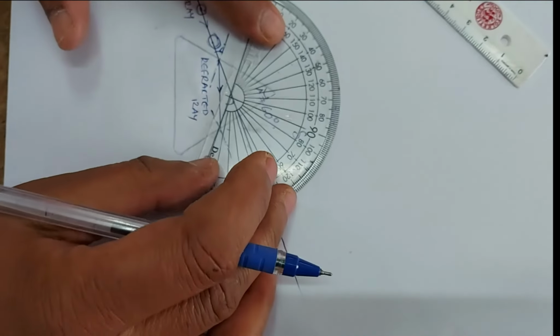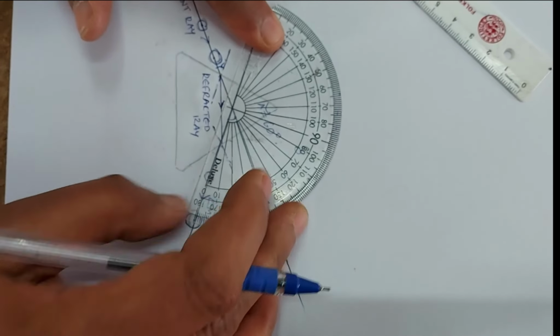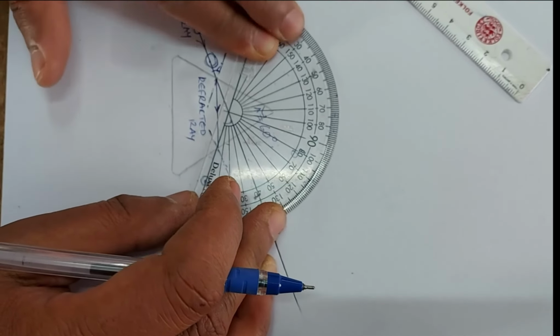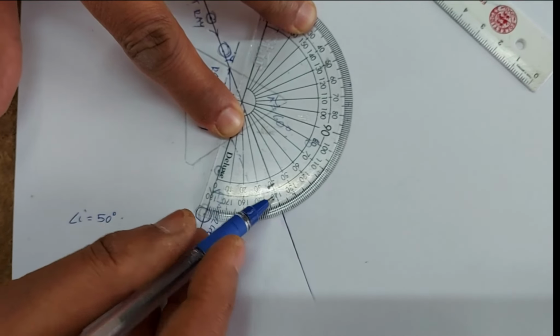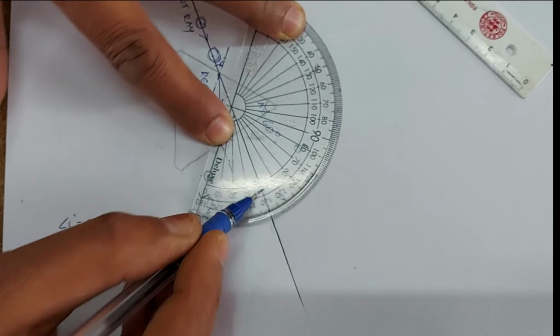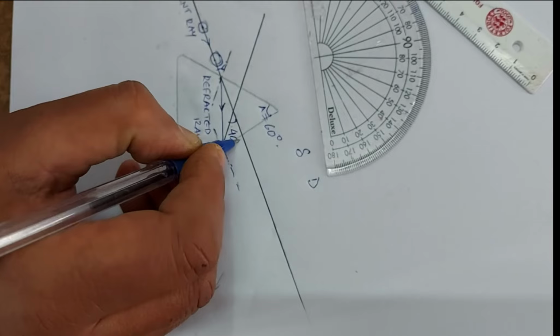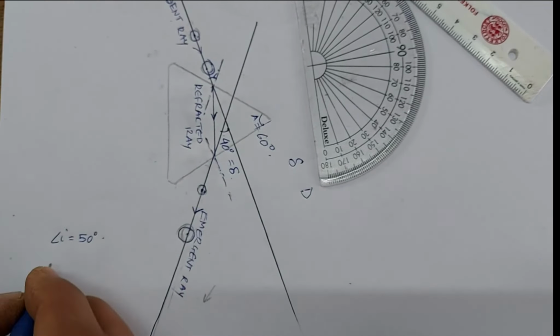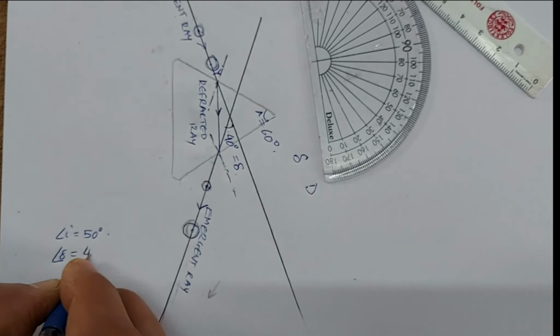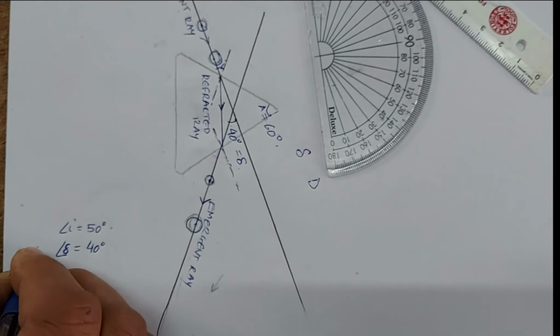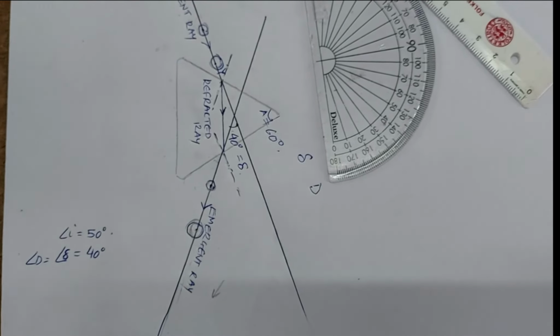Then I am measuring the angle of deviation: 10, 20, 30, 40. So the angle of deviation, delta, is equal to 40 degrees. You can take angle D also or delta also, whatever you wish.